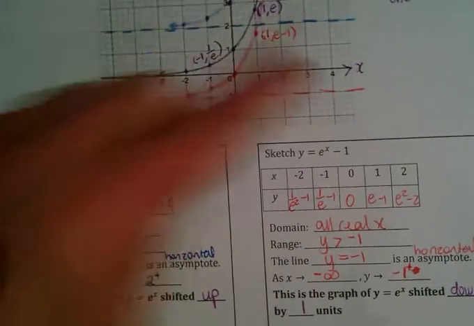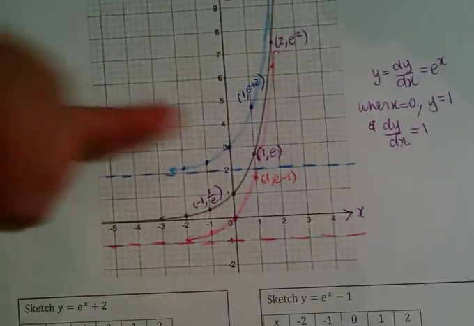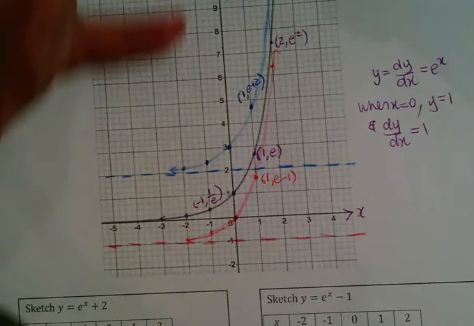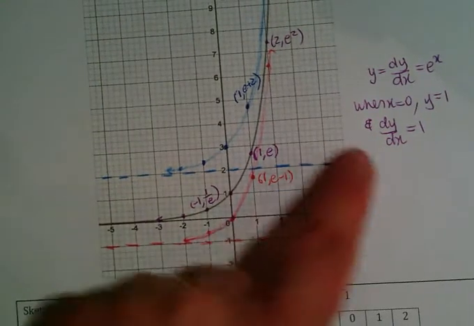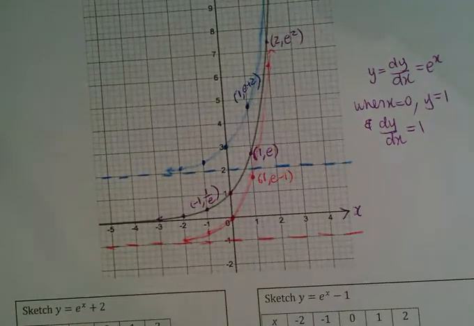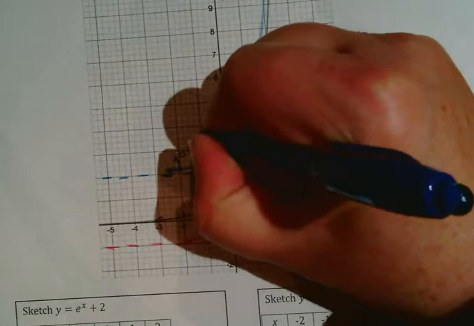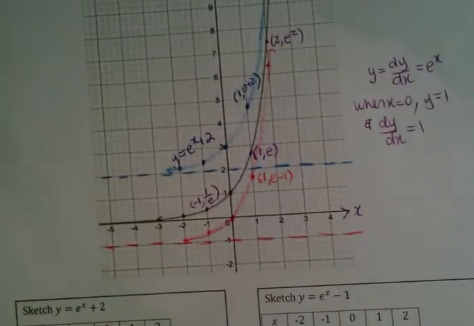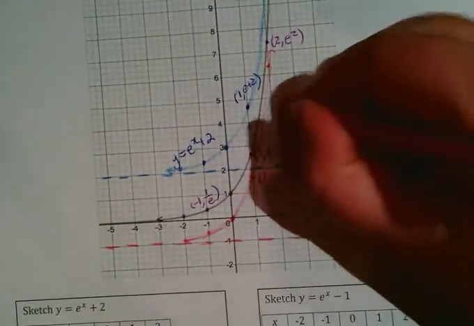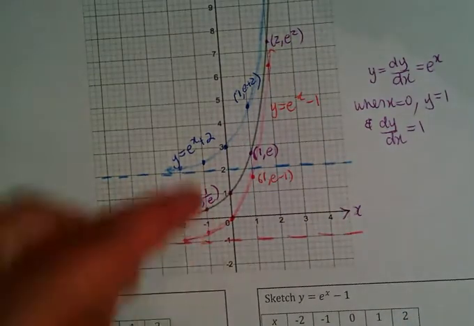As we can see, both graphs have domain all real x. With the graph of e to the x plus 2, which I've done in blue, you can see that the range is y greater than 2, and the line y equals 2 is your horizontal asymptote. So the blue curve is y equals e to the x plus 2, and the red curve here is y equals e to the x minus 1, which is shifted 1 unit down.